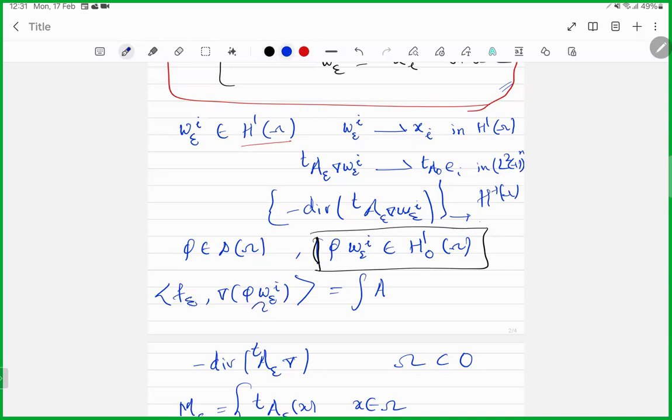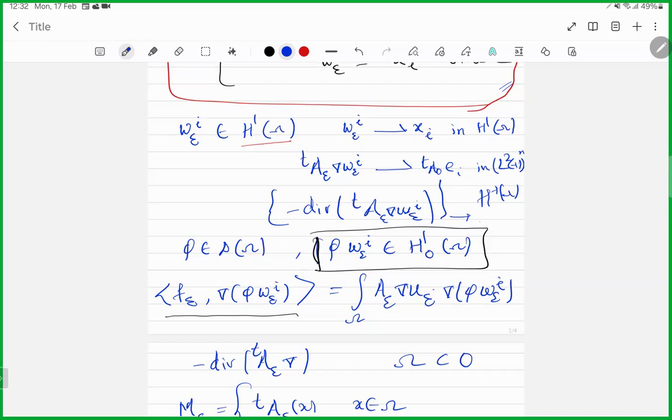F epsilon grad phi epsilon, integral over omega, A epsilon grad u epsilon dot grad phi W epsilon I. We get that from the weak formulation.